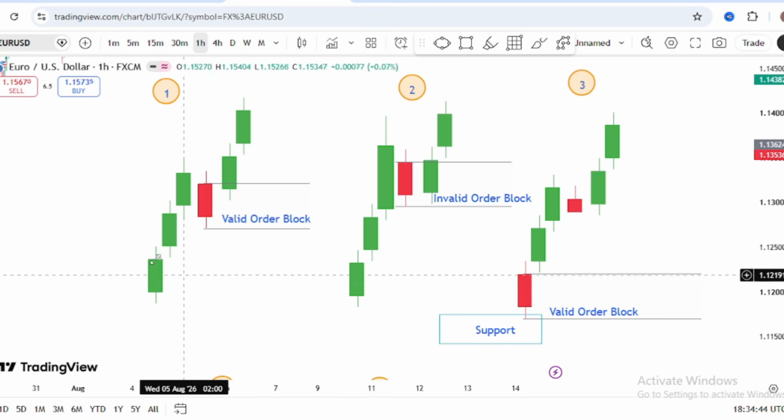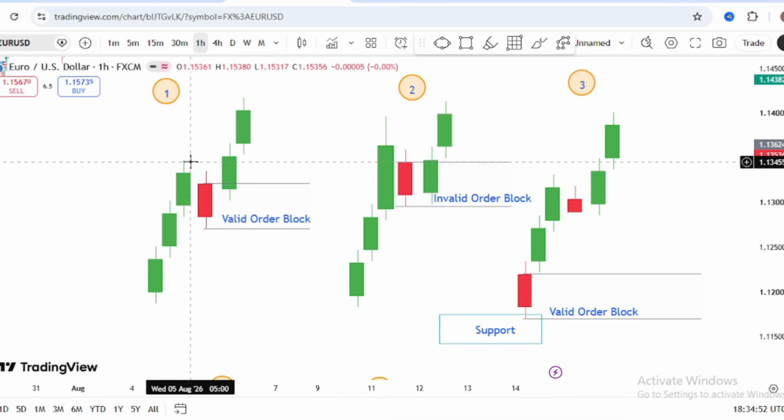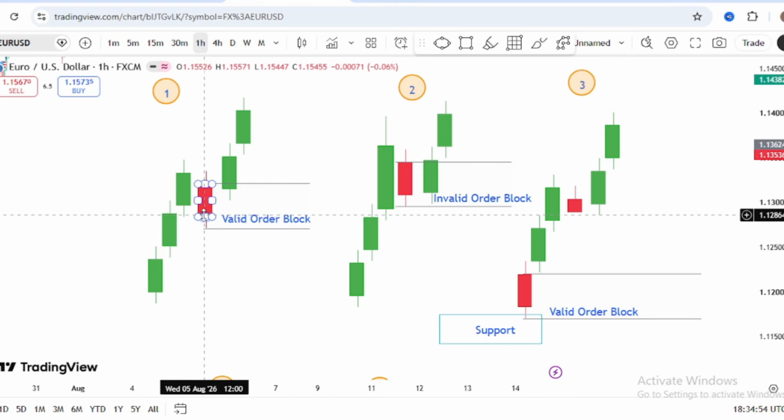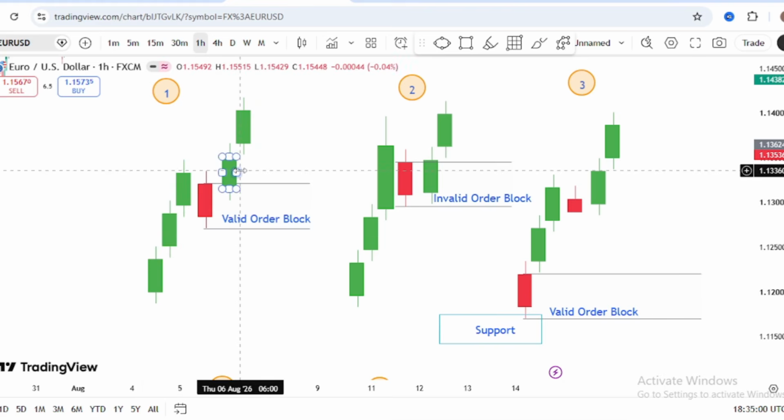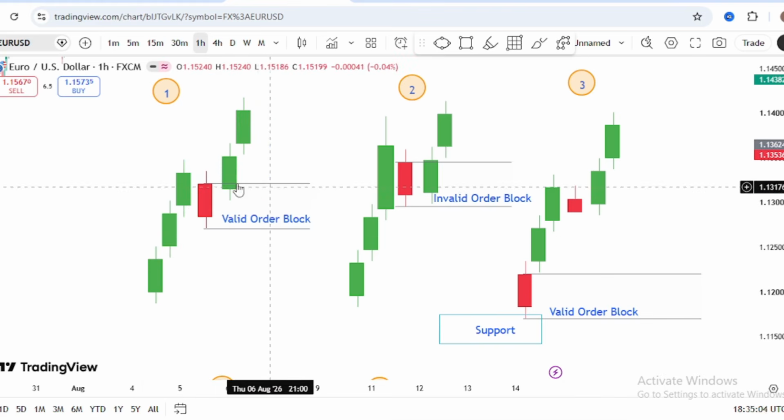The market was trading upwards. All of a sudden, price pulled back, and when price pulled back, it got to a support level, and smart money traders pushed it aggressively up and left orders here that are yet to be filled.